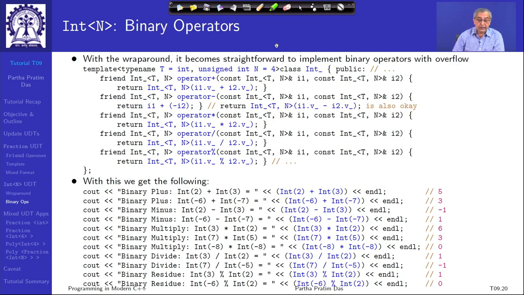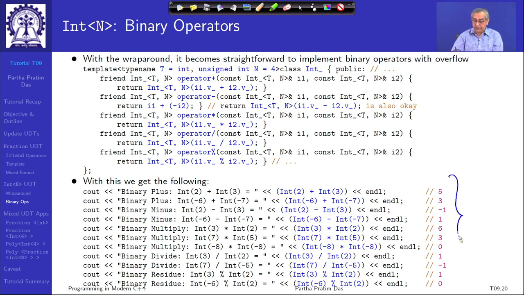And with that, implementing the operators becomes very simple, because all that we do is take advantage of the fact that int n is actually represented with the underlying type being an int. So, you take the values that you need to operate on according to the underlying type, and then you construct the new int n object, which will do the appropriate wraparound and bring the values.